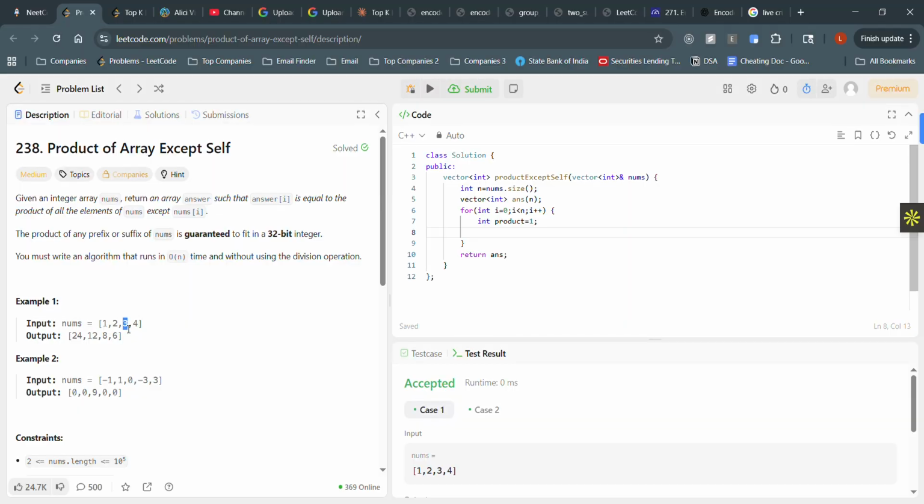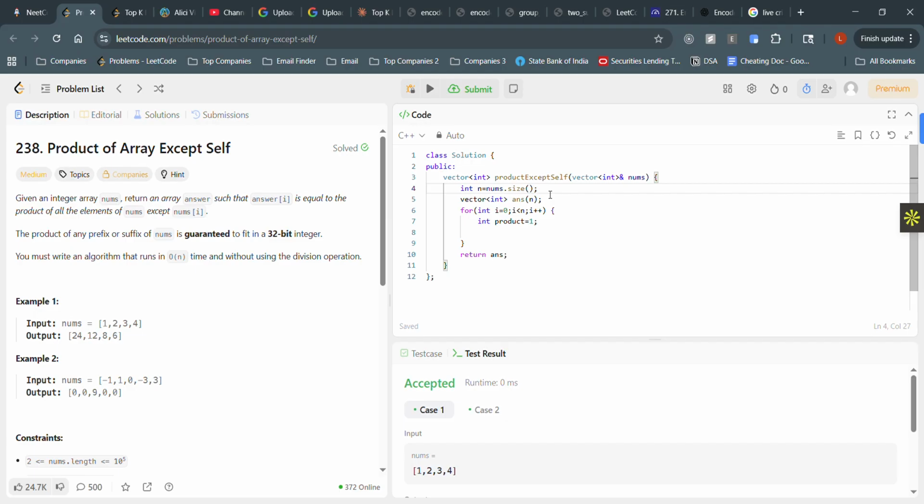For this 3, we took whatever was on the left side of it and multiplied it, and we looked at its right, and whatever numbers were there, we multiplied them, and then we multiplied this left multiplication and the right multiplication, right? So for each element, if I know its left multiplication and its right multiplication, then we get our answer, right?